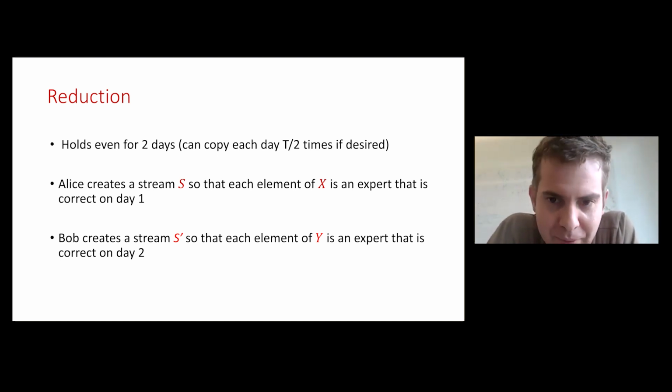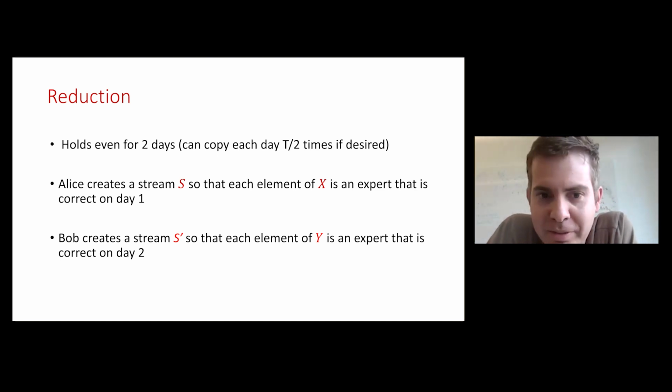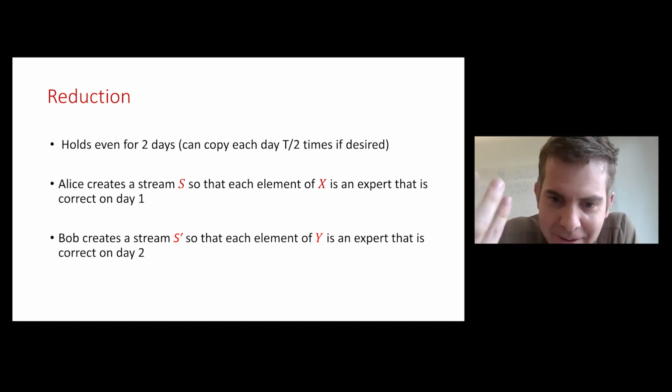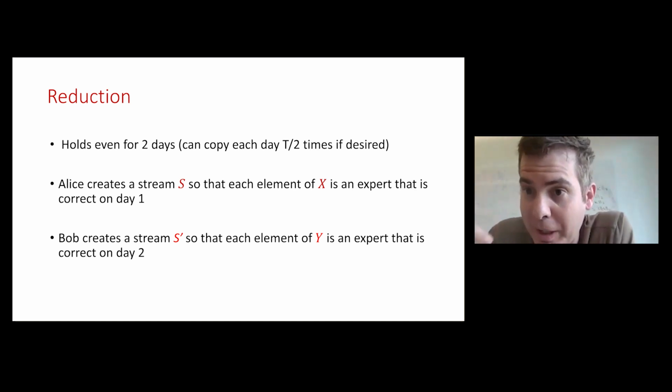She creates her stream of predictions based on X and feeds that into this streaming algorithm for the experts problem. Similarly, Bob creates a stream S prime from his set Y, and those are the experts that are correct on day 2.